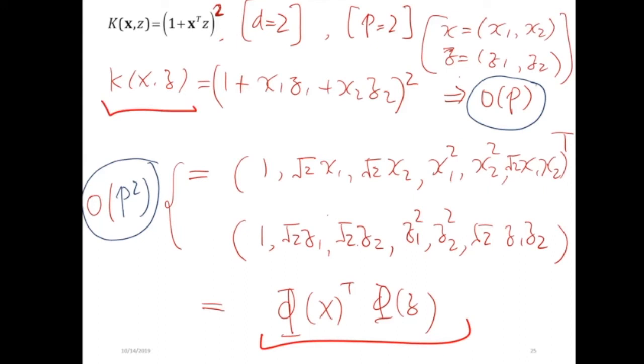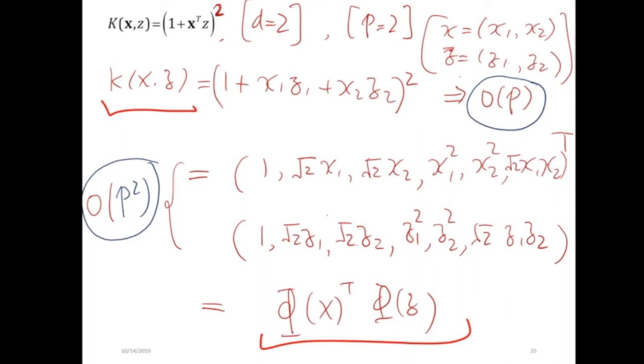But in fact, what you truly did in the derivation is 1 plus x1 z1 plus x2 z2. This only costs O(p), which is 2 computations, right? Because the 1 plus is a constant computation. It does not increase with the number of features. So that's why I'm saying this cost is O(p). I hope you understand what I'm trying to say here. Because plus 1 is a constant cost operation, and the quadratic is also a constant cost operation, that's why I don't have O(p+2) here.